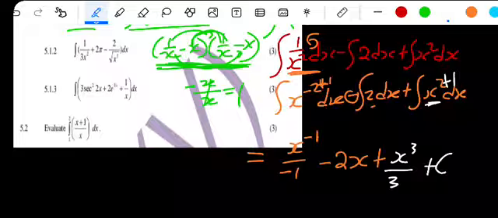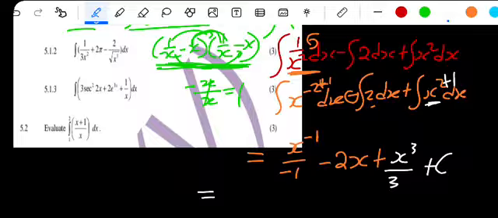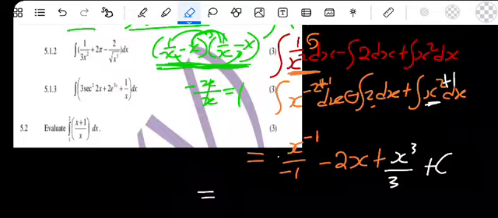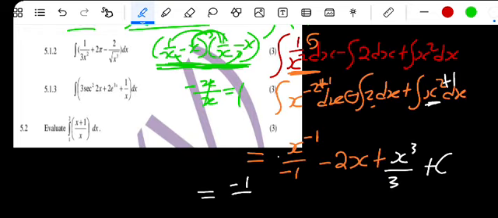So this will be the same as negative x to the minus 1, but you can take this to the bottom again. If you take that to the bottom, you'll simply have minus 1 over x.